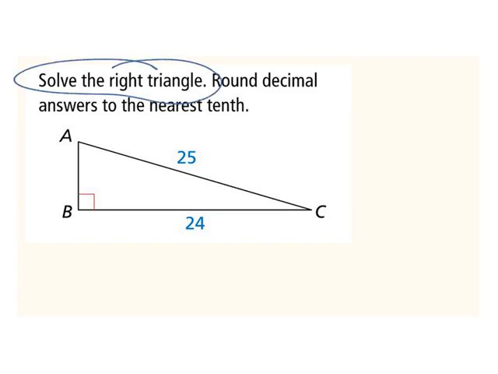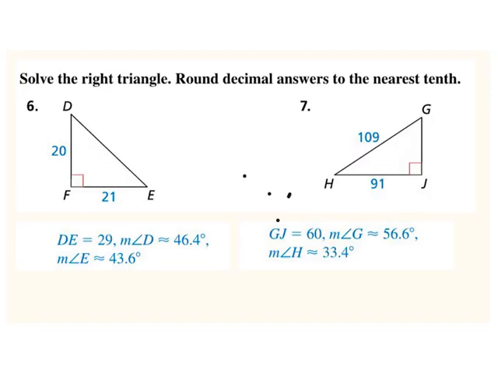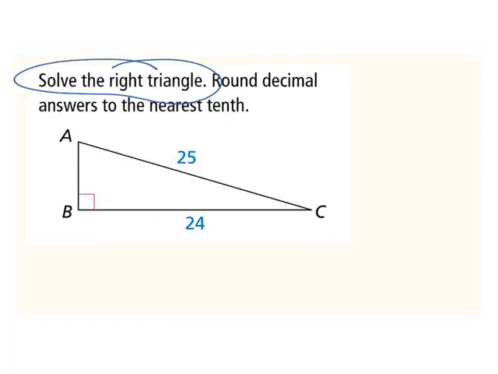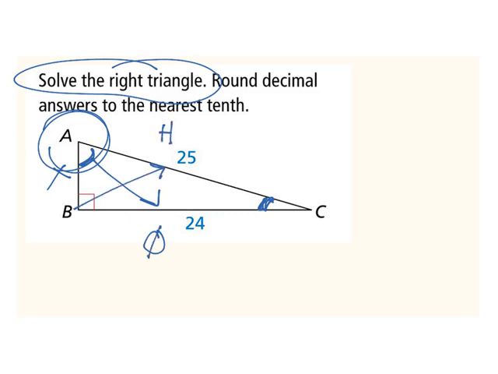Solve the right triangle, okay? Hold on, let me see something. Oops, sorry, I have answers over there. Okay, so again, that means we're looking for what's this angle, and what's that side, okay? So in relation, let's just do A first. So in relation to A, we've got opposite, we've got hypotenuse, and we do not know the adjacent, okay?